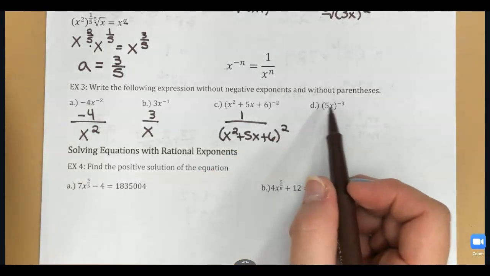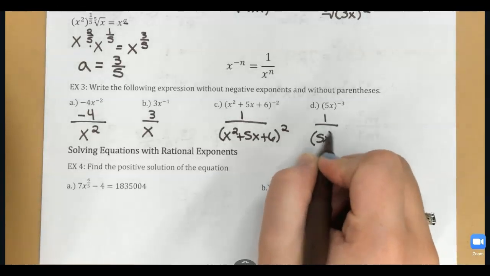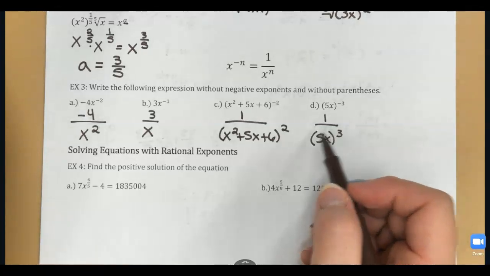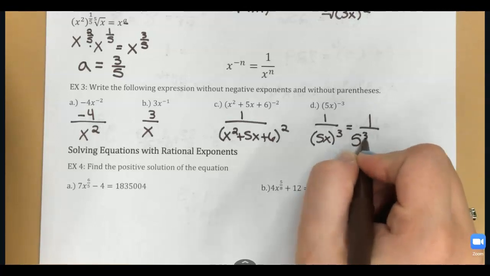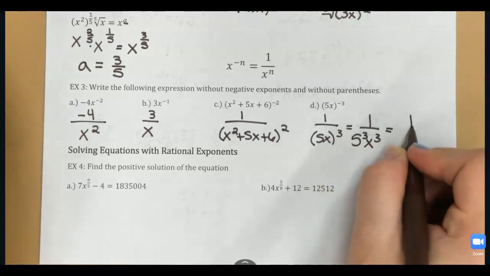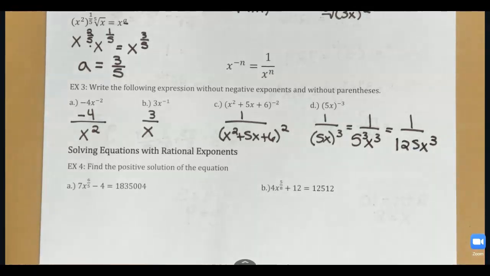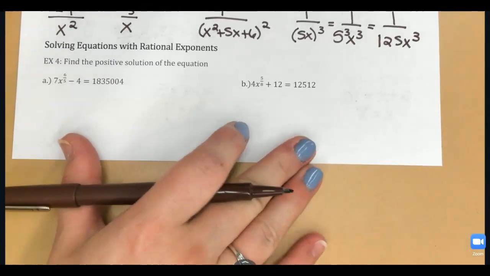Same thing on D. The 5x is in parentheses, so that means the whole thing is being moved into the denominator. Now I could go ahead here and simplify this out. This was going to be 1/5 cubed x cubed, and I know that 5 cubed is 125 x cubed, just because those are constants.